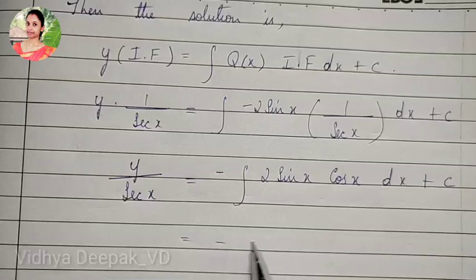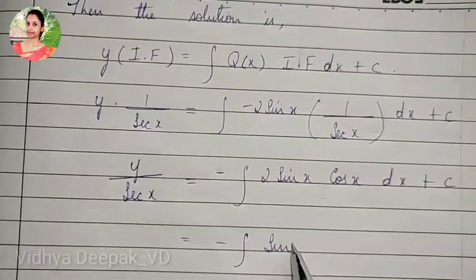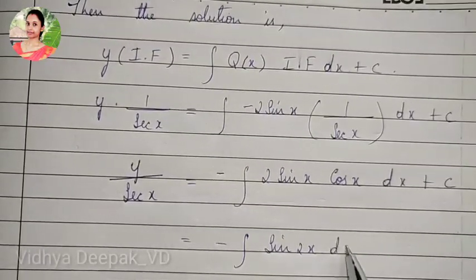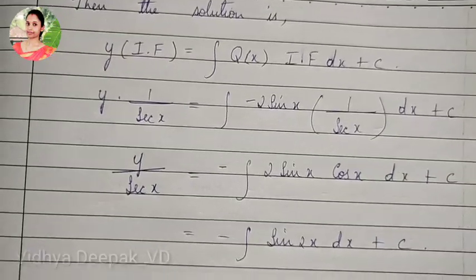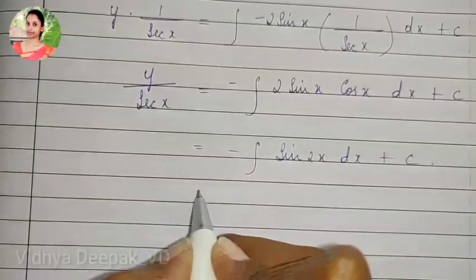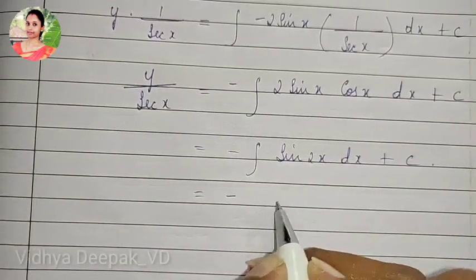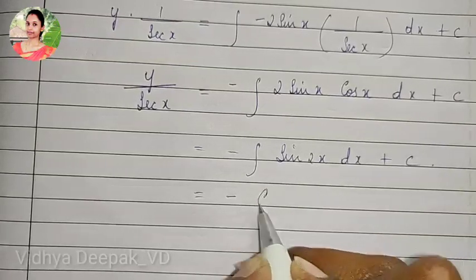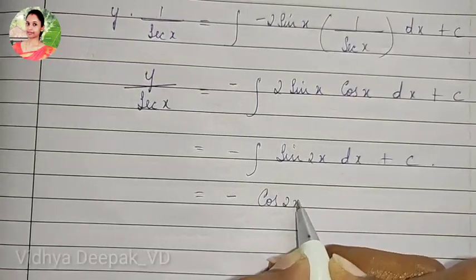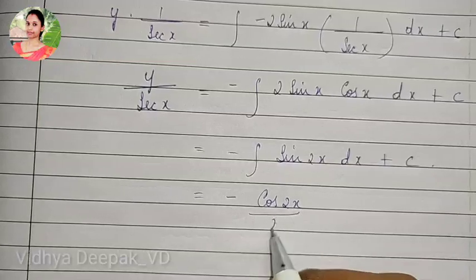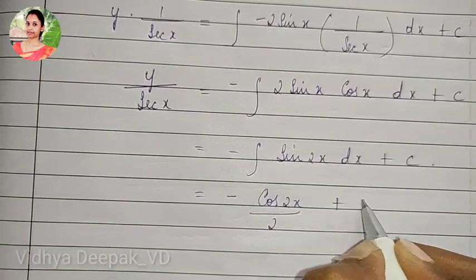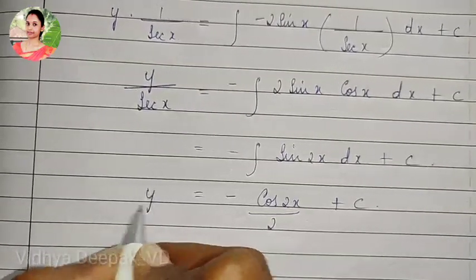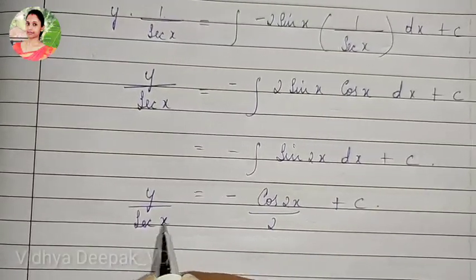So now this can be replaced as sine 2x dx plus c. Now integrate. What do you get? Minus, integration of sine is cos 2x divided by 2, plus c. So you have y by secant x here.